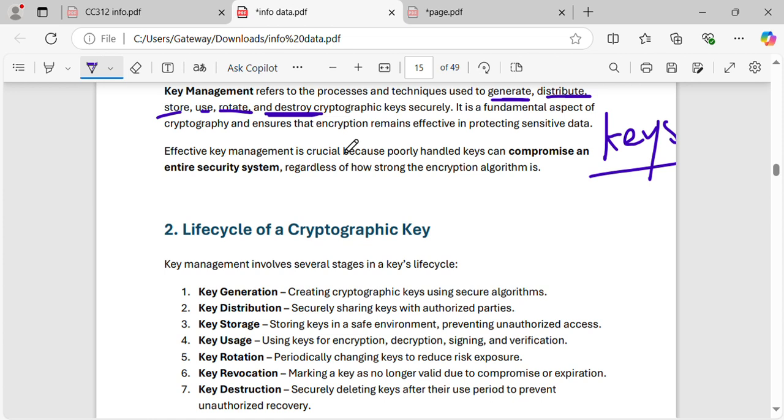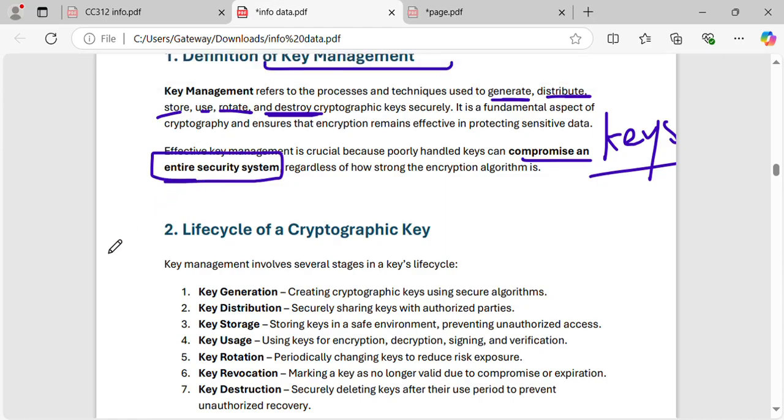Effective key management is crucial because poorly handled keys can compromise an entire security system, right? So there's a lot of talk about whether the keys should be small or large, and we talked about RSA and ECC, the elliptic curve cryptography.